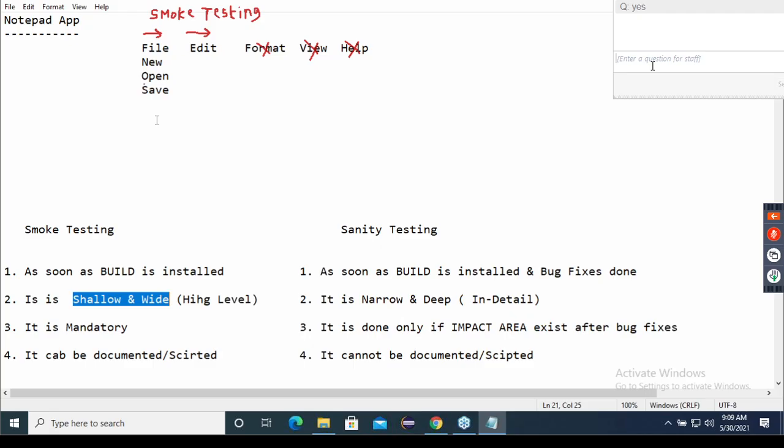No. Only the main module I'm touching and seeing whether it's working or not. So can I say smoke testing is shallow and wide? Shallow and wide is nothing but high level, since we are not doing it in detail and not touching every submodule. Third one, it is mandatory.